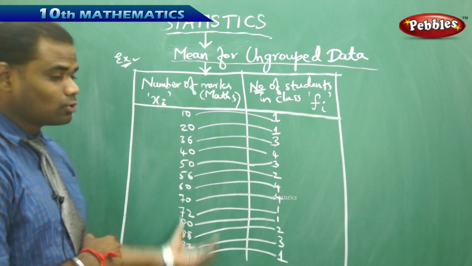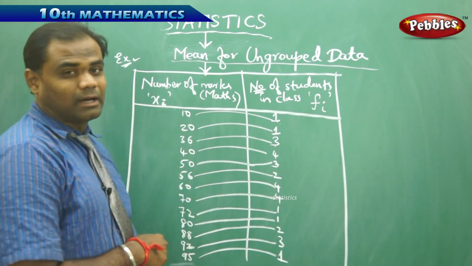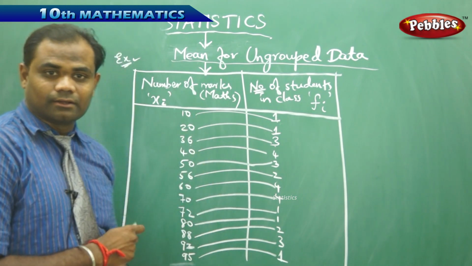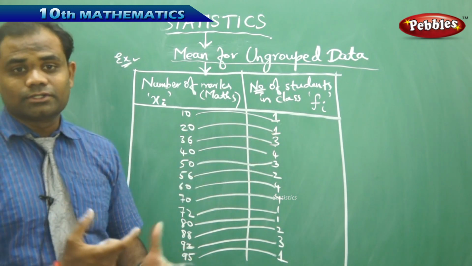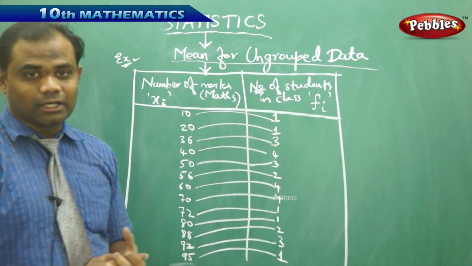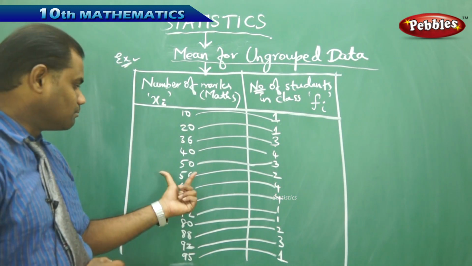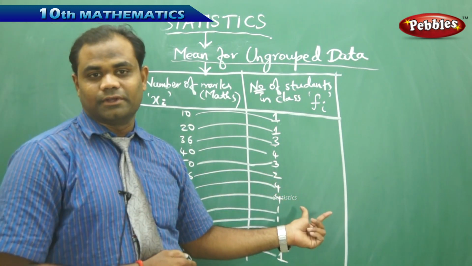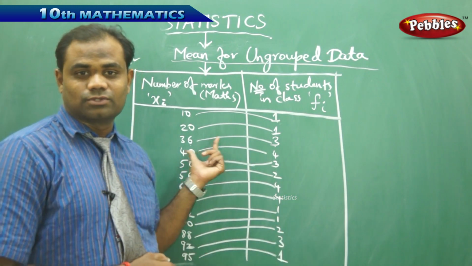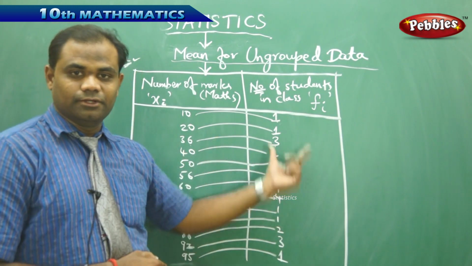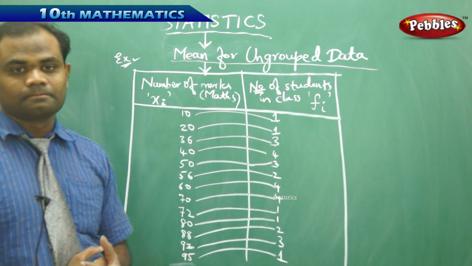This is ungrouped data because we are not grouping the marks, but we are straight away taking the marks of each and every individual student, so the marks are directly related with the frequency, not with a group of students.